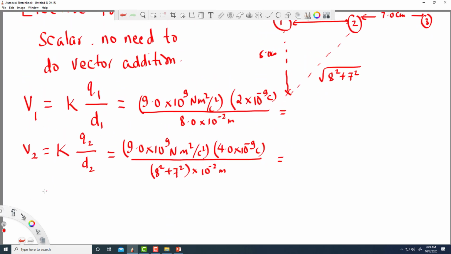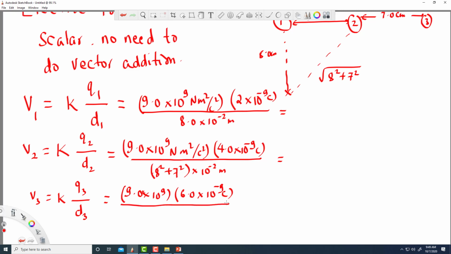And then V3 is k q3 over d3. k is 9 times 10 to the 9, I will not write the unit. q3 is 6 times 10 to the negative 9 coulomb.